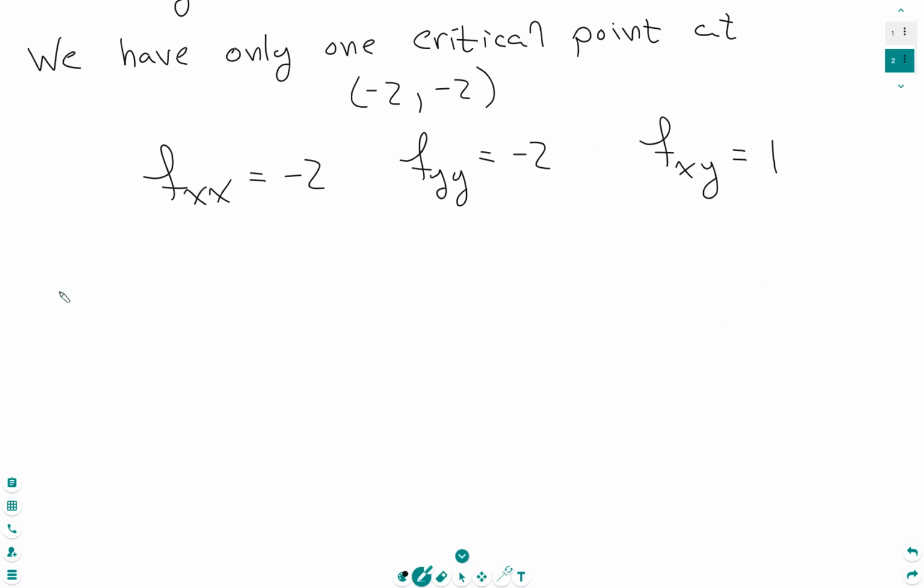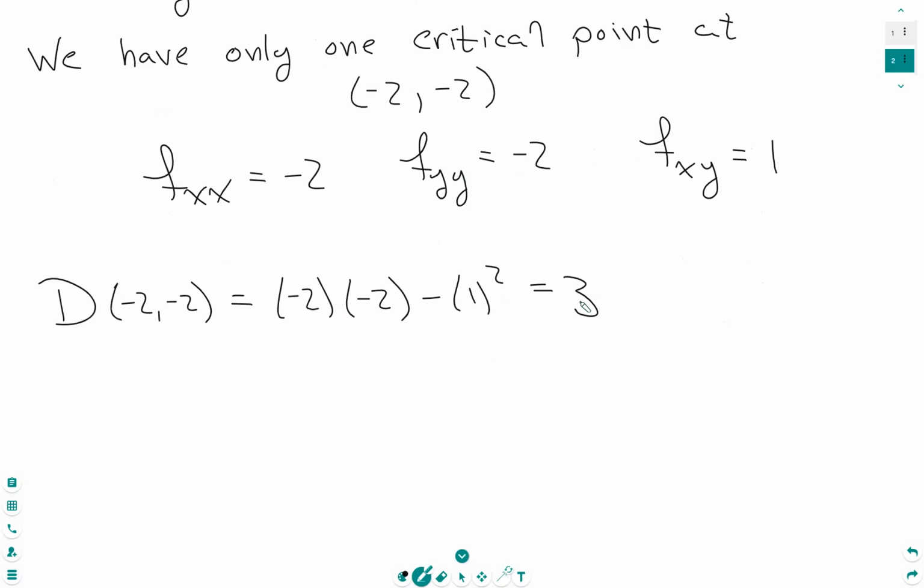So when we look at our second derivative test at (-2, -2), lucky for us, these are all still constants. This is -2 times -2 minus 1 squared, which is equal to 3.